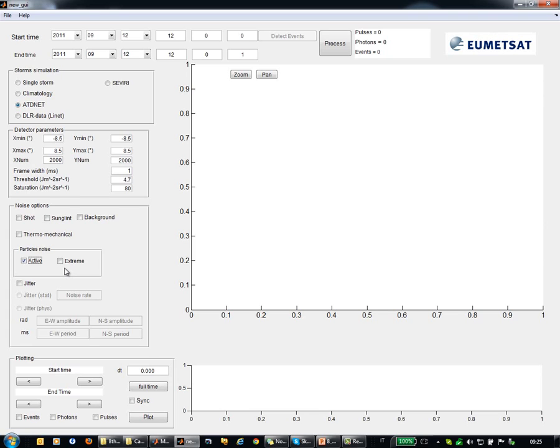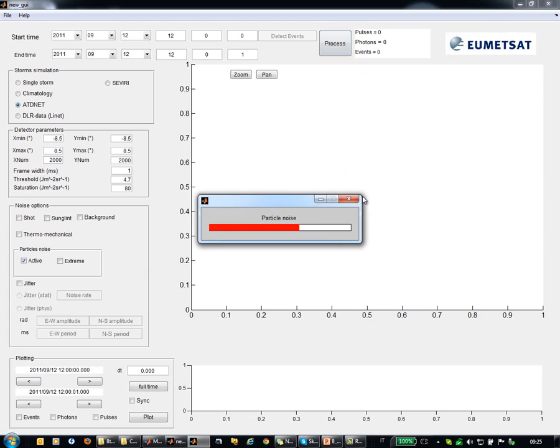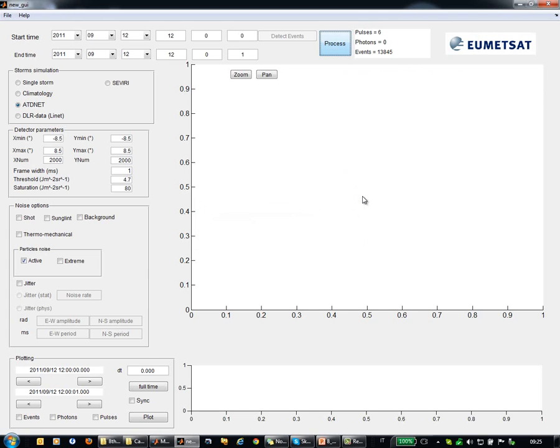This is useful only to test the noise removal algorithm that will be developed by EUMETSAT. So we make the particle noise active, the process button activates, and we push the process button. So the process starts, so the particle noise is generated, and the run ended.